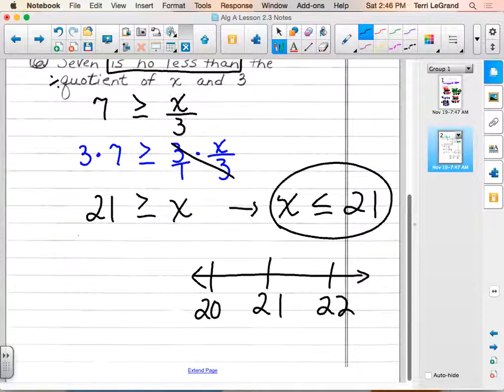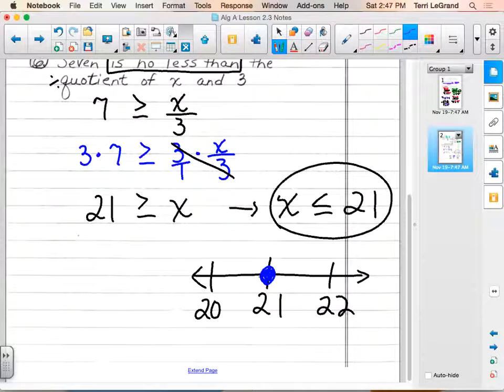What's so handy about it being on the left side is when the variable is on the left side, whichever way the V lying on its side is pointing tends to be the way that we shade. So let's shade this one. Let's put our circle at 21. It says x is less than or equal to, so 21 is included. It's the or equal to part.